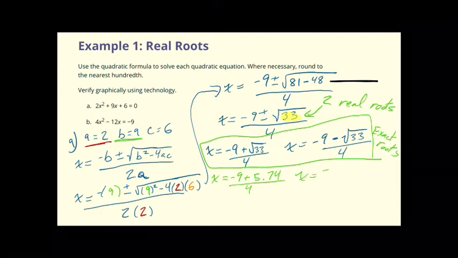And x equals -9 minus 5.74 all over 4. And then we end up with x equaling -0.81.